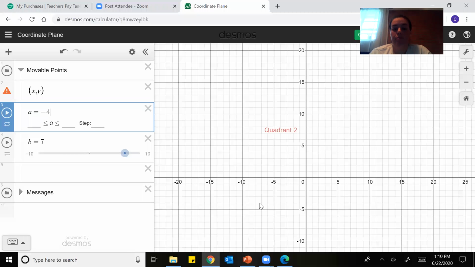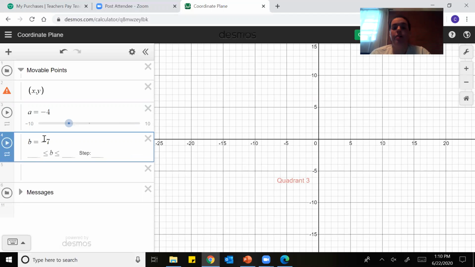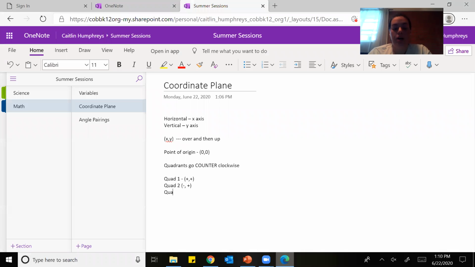Now I'm going to come to 3. If I look at the corner of 3, both this number and this number are negative. So let's see what happens when I change that to a -7. Boom, I'm in quadrant 3. So in quadrant 3, both my x and my y are negative.